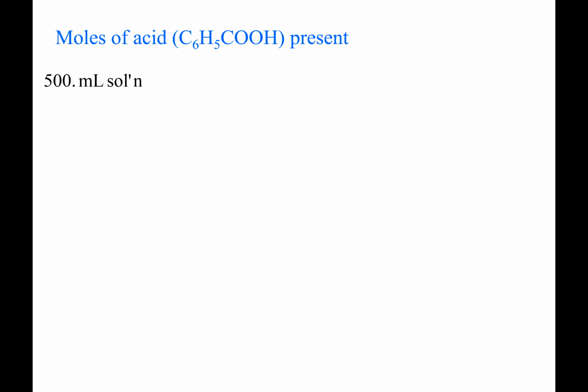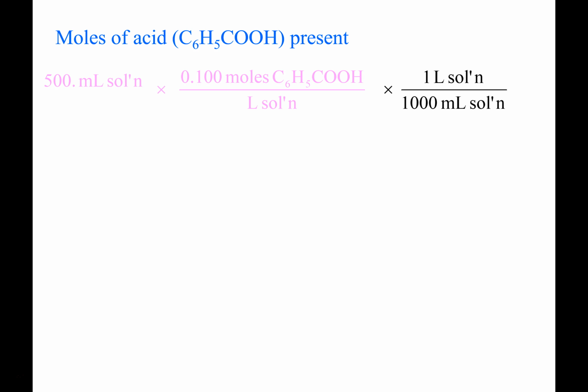I had to smile because I don't usually write my molar masses on my slides, but I did on this one. So let's go for the moles of the benzoic acid that we have present. We had the volume, 500 milliliters, with 3 sig figs, so 500. milliliters. We have to get that into liters. You know how to do that: 1 liter over 1,000 milliliters.